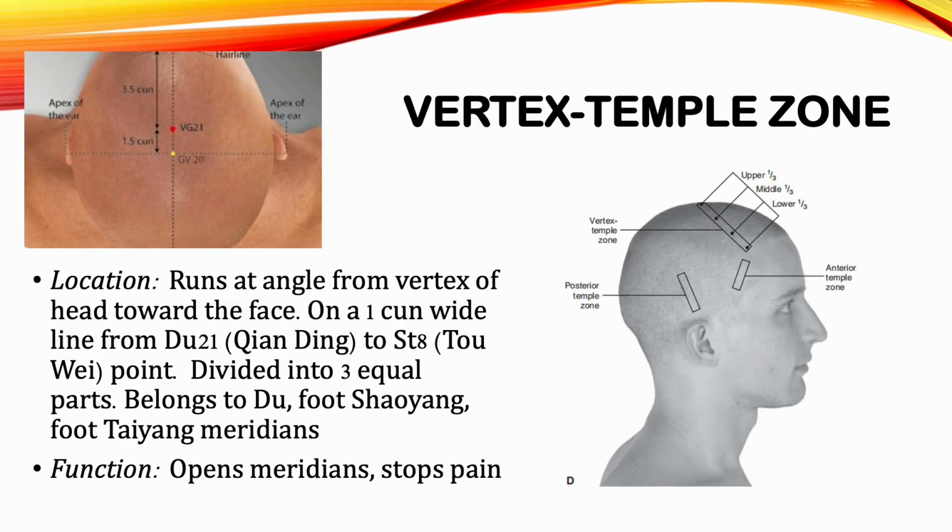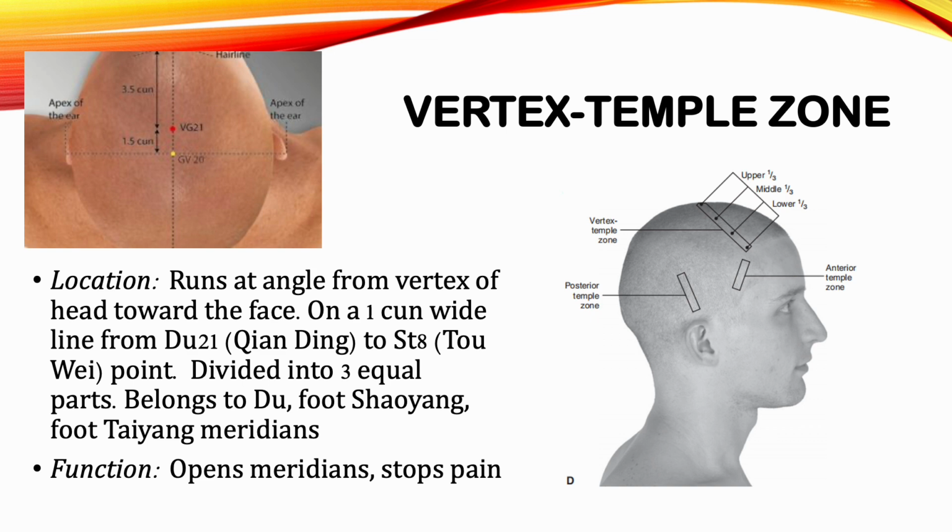Vertex-temple zone. The vertex-temple zone runs at an angle from the vertex of the head toward the face. It is located on a 1 cun wide line from Du 21 to Stomach 8. It can be divided into 3 equal parts. It belongs to the Du, the foot Shaoyang, and the foot Taiyang meridians.